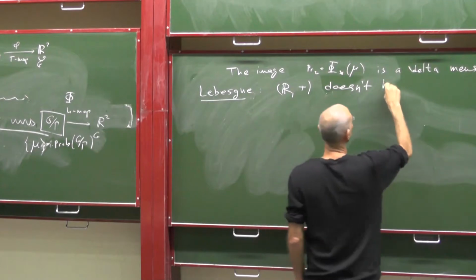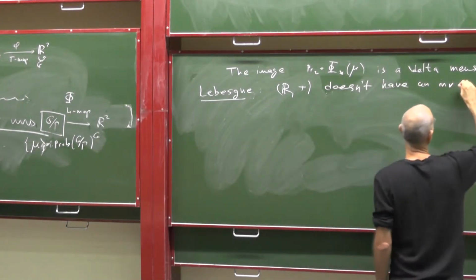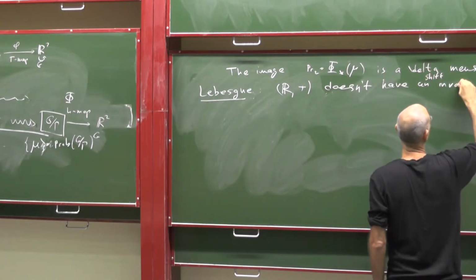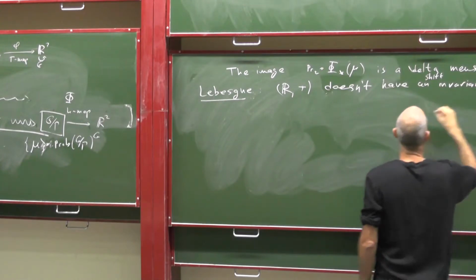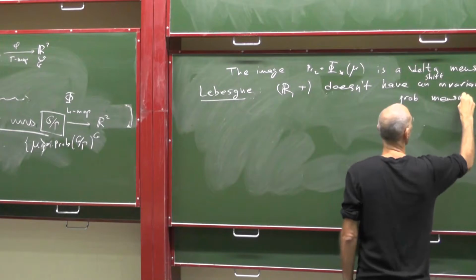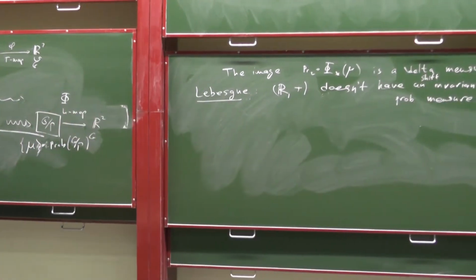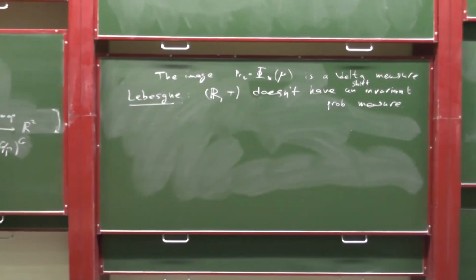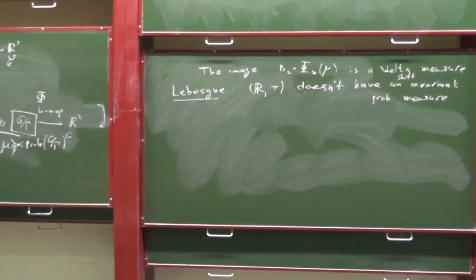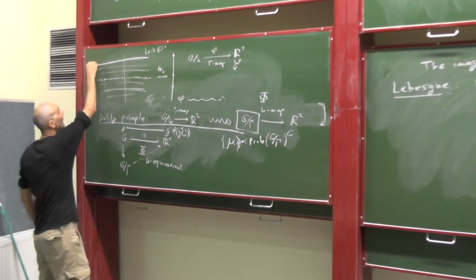The shift does not have an invariant probability measure. The only invariant measure on it is the Lebesgue measure, which is not a probability measure. I can scale it maybe, but I cannot make it probability. If you want a quick proof of this, use Poincaré recurrence.